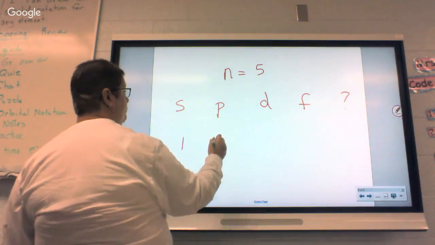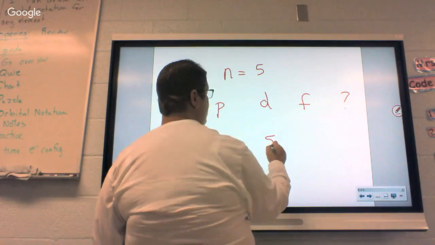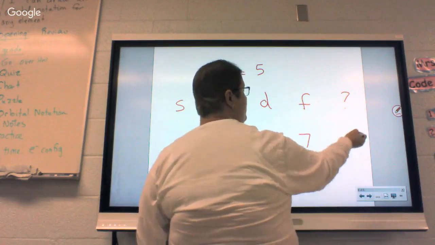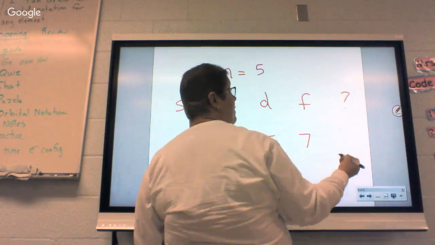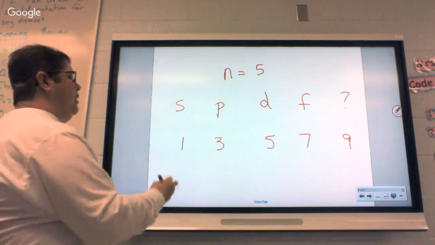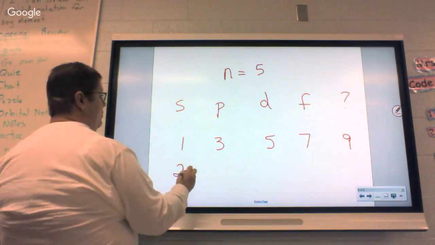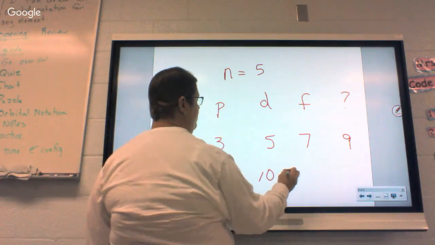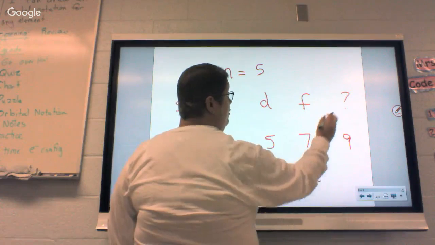Then p, d, and f. Now, nice pattern, right? What's this 5th sublevel we've never named going to have? Okay, now let's do the electrons. How many have we learned s has? How many is p going to have? How many is d going to have? f, and this unknown, unnamed one.